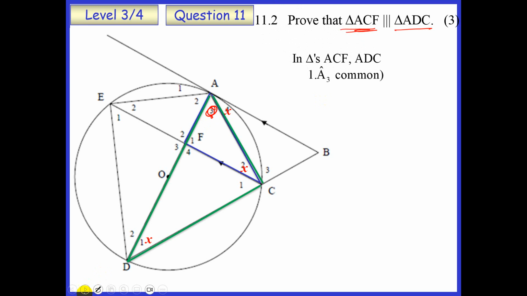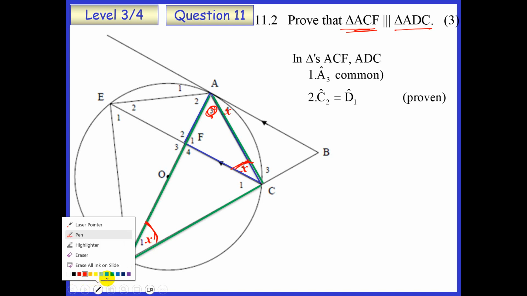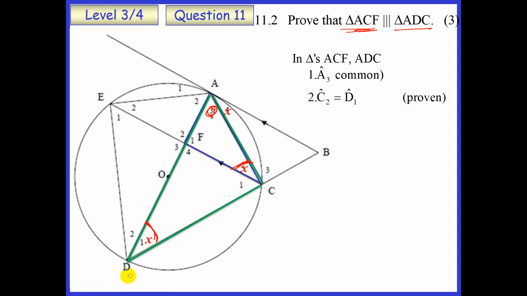The second one we look at is angle C2 is equal to D1. I want to remind you that both are x, which we proved in the previous question. So we've already got two angles. The third remaining angle would be equal due to sum of angles of a triangle. Let's quickly point it out.